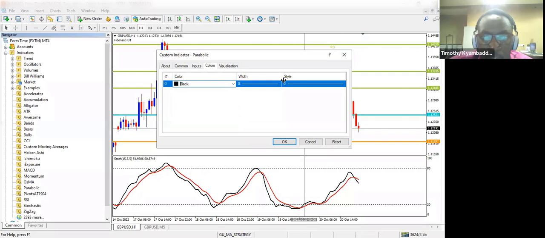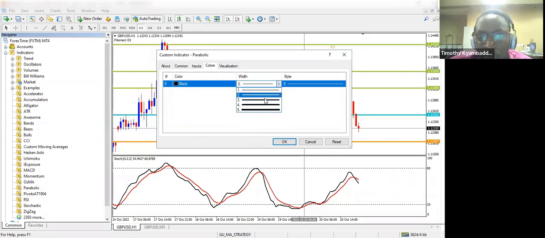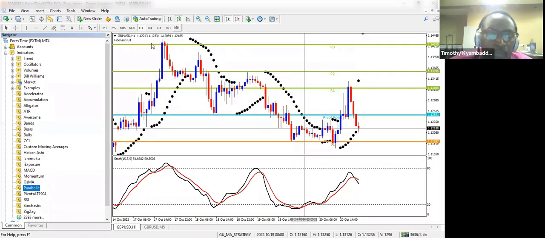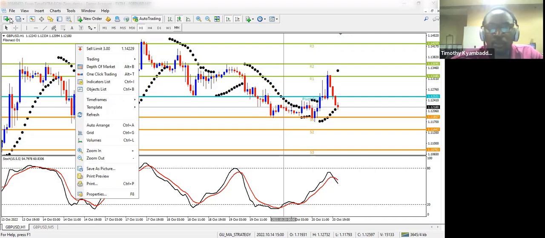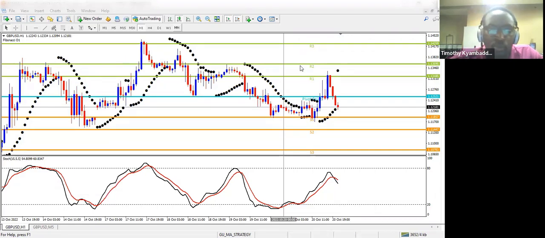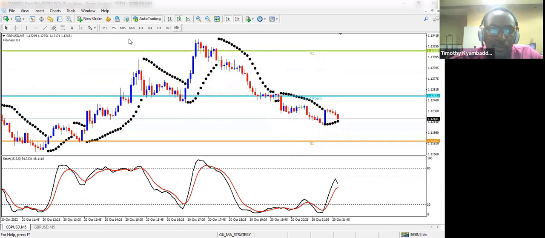So this is the Parabolic SAR. You've all seen where I've picked it from. It's a very, very simple indicator to use. Let me leave the lines. It's going to remove the pivot lines, but let me leave them.